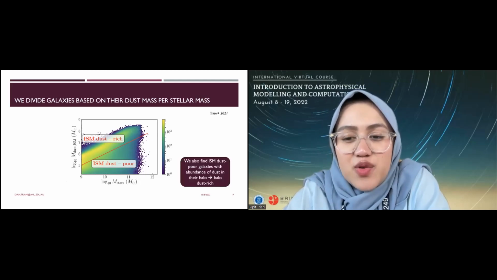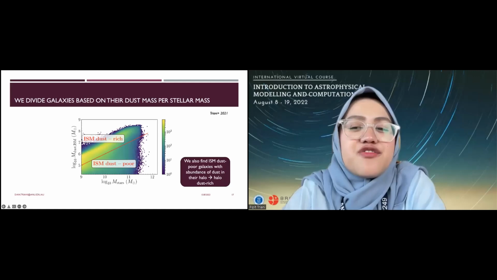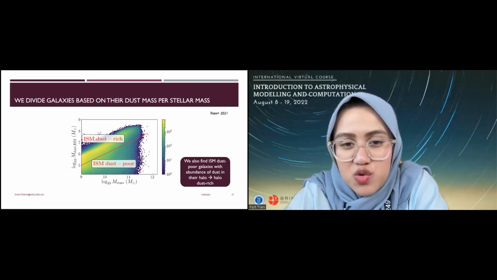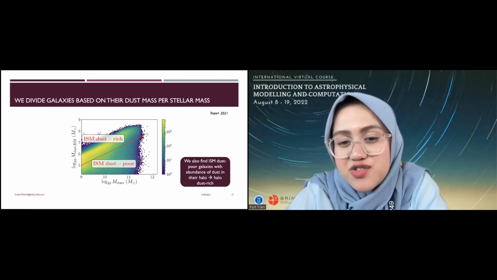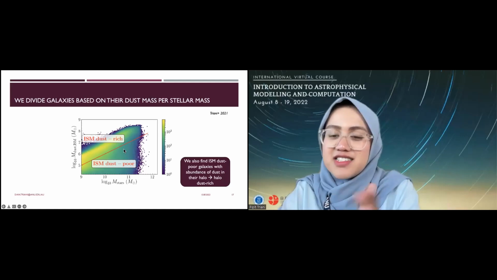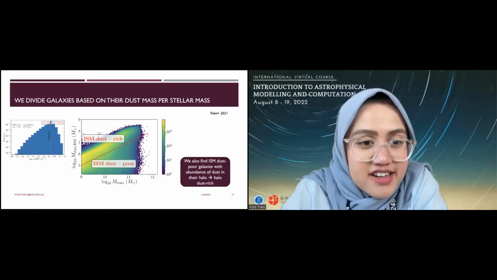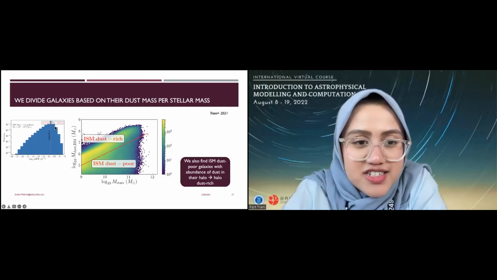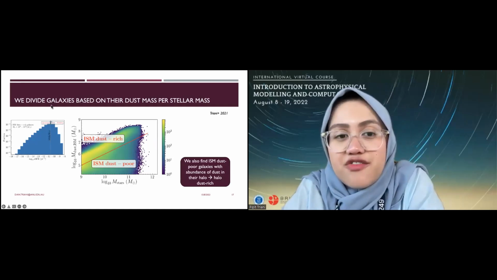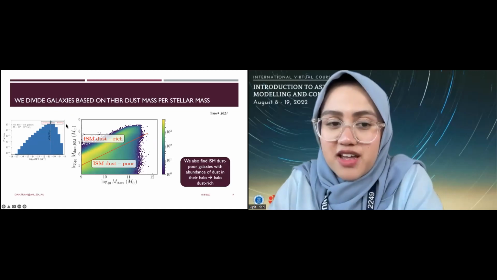But interestingly, we also find dust-poor galaxies that have an abundance of dust in their halo. We define that as halo dust-rich. So among these ISM dust-poor galaxies, we separate another class that has an abundance of dust in their halo. And the ISM dust-rich galaxies we define based on their star formation. So there are quenched dust-rich galaxies and there are star-forming galaxies.